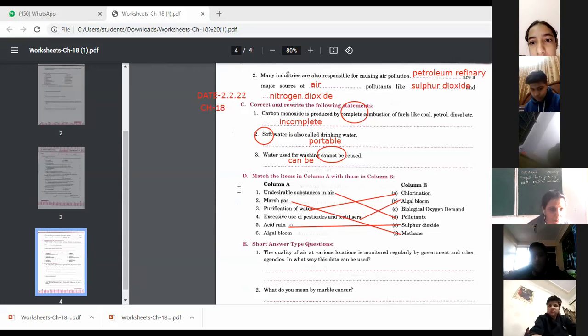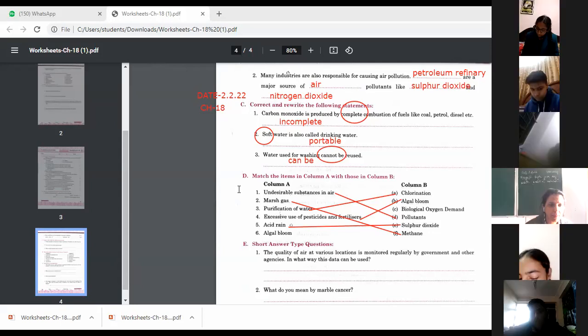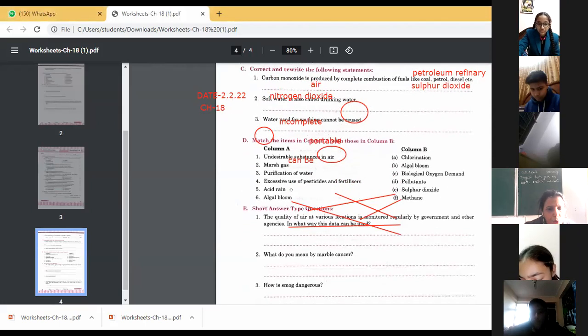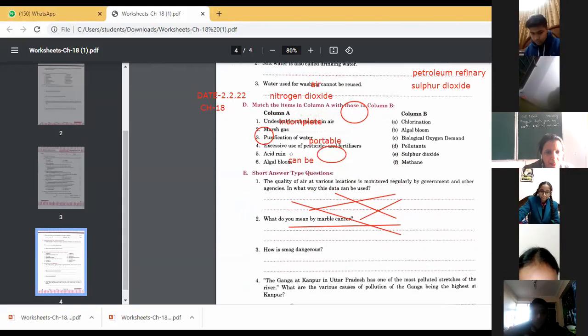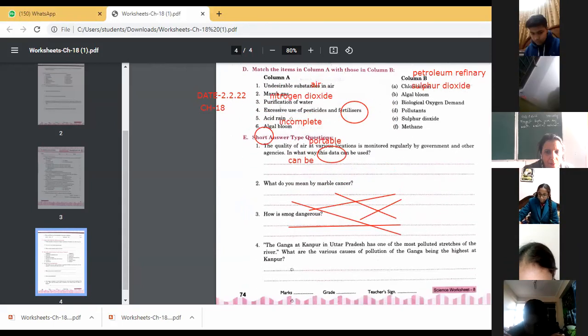No, no, no. Anybody else? Geet? Ma'am, corrosion of marble by acid rain is known as marble cancer. Yes, simply corrosion of marble is known as marble cancer. That's it.